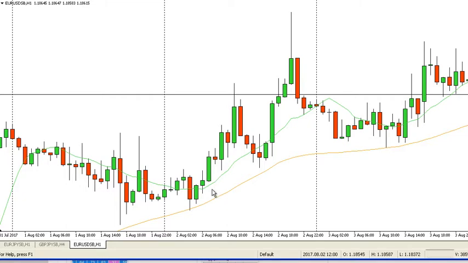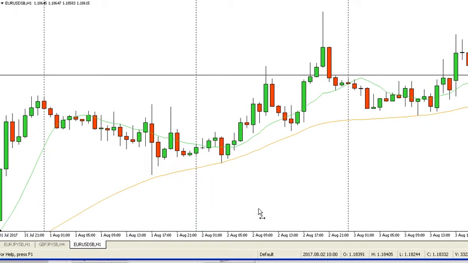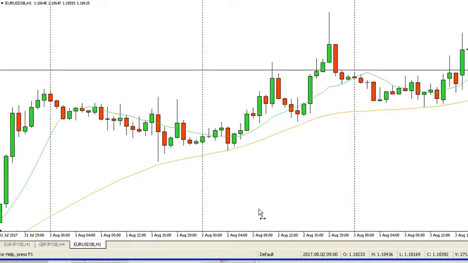Okay, so all we're doing is using a fast moving average, and I've got a 10 period moving average, and a slow moving average, and I've got a 50 period moving average. If the fast one is over the slow one, then we're just looking for longs, and if it's below, then we're just looking for shorts. I'm just using the same entry system as before.